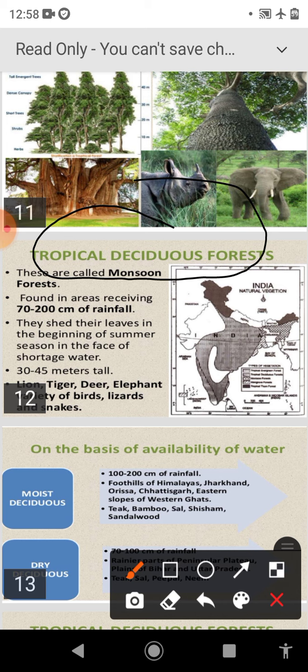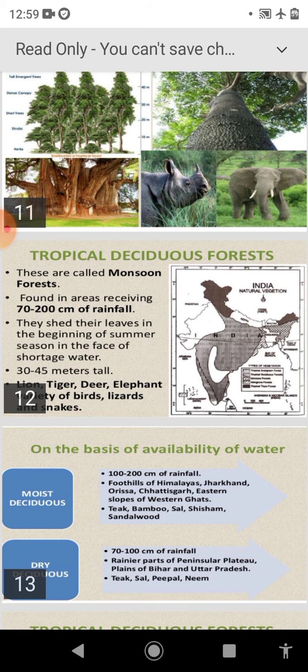These forests are found in those areas where the amount of rainfall is ranging in between 70 centimeter to 200 centimeter. Trees of these forests shed their leaves for about 6 to 8 weeks in dry summer.